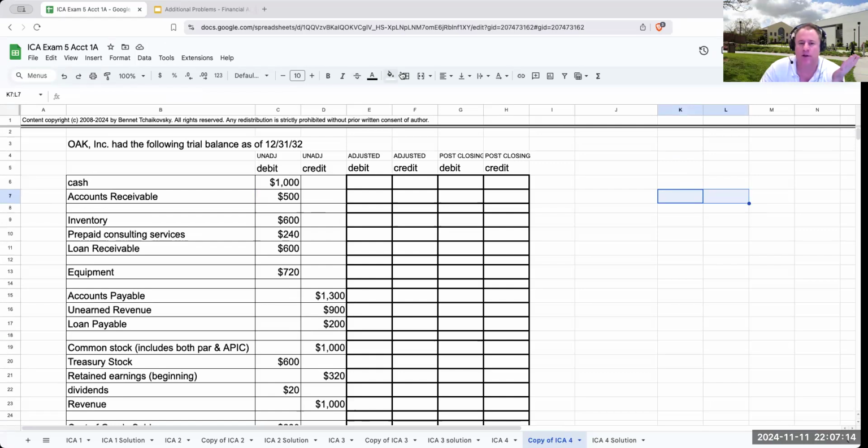Because if my accounts receivable on my balance sheet is showing at 500, and I estimate that I can't collect 20% of that, I'm going to need an allowance for doubtful accounts of 100, so that when I show my balance sheet, it's going to show accounts receivable net of 400.